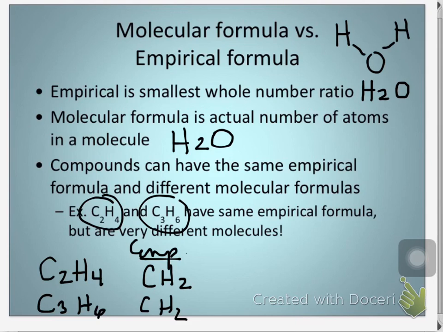And similarly, we could have C4H8, we could have C10H20. Those all have the same empirical formula. Those molecules are vastly different. So C2H4 looks like that. Let me see if I can shrink this.